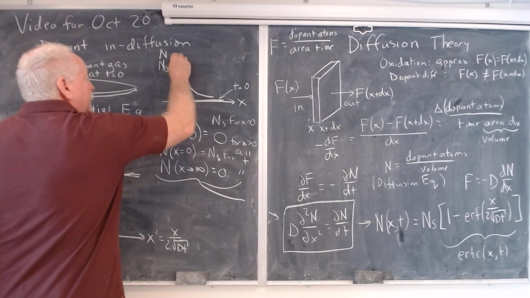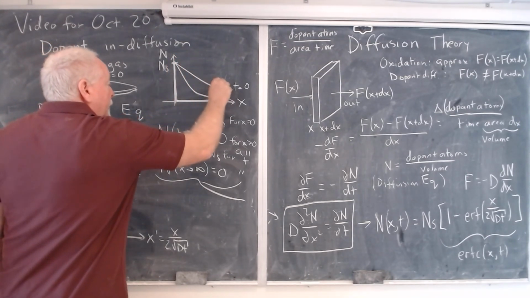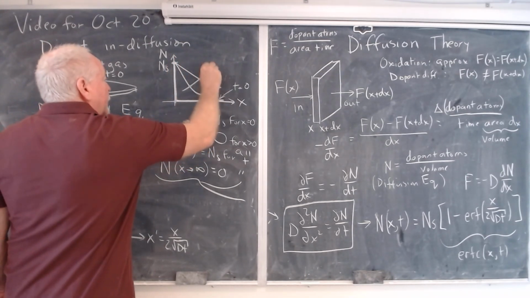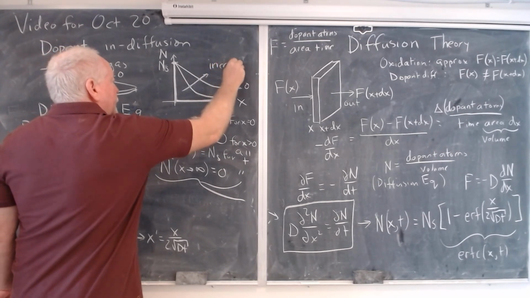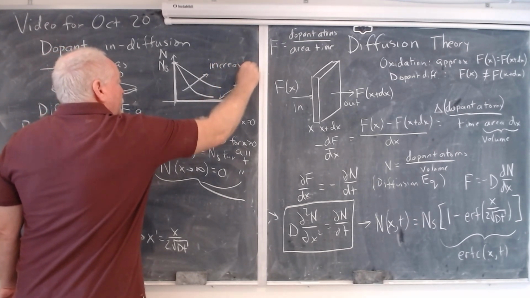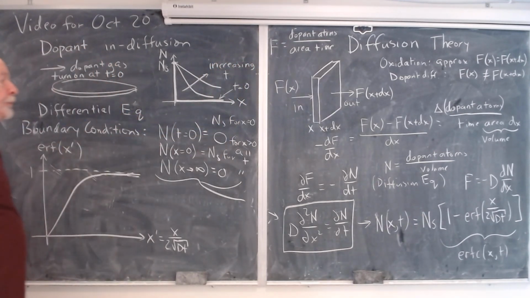And so it kind of does something like that, with increasing time. So that's not so bad. It's just this function. And it's something you have to deal with, and you have to look up in a table what ERF of something is.